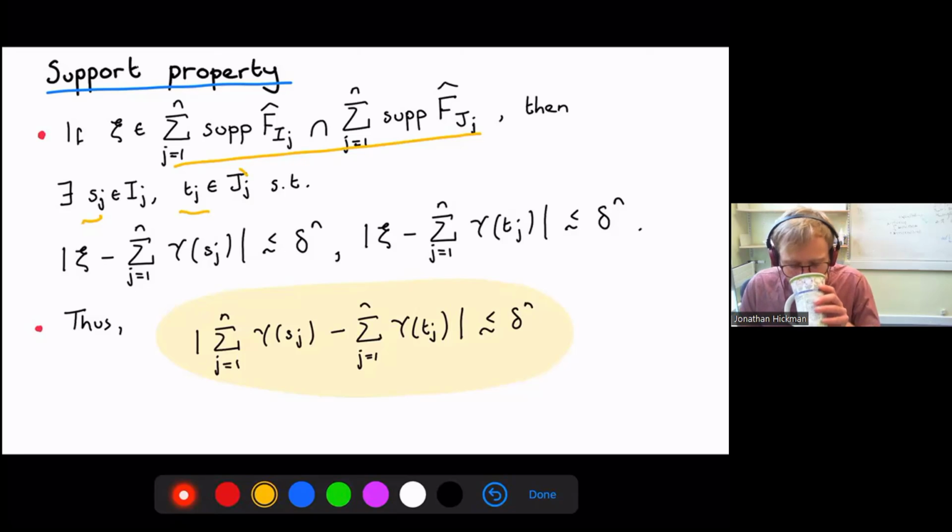So whenever these Minkowski sums intersect, we can deduce that there exist s's and t's with this property.